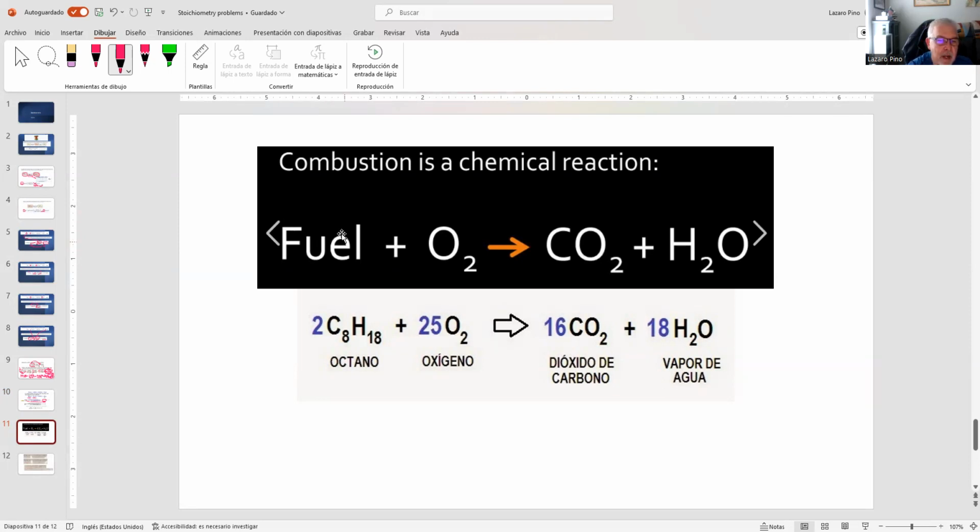Every time I have a fuel in a combustion reaction, the products will be CO2 and water. You know that CO2 is one of the gases that is producing the increase of the temperature in the planet.